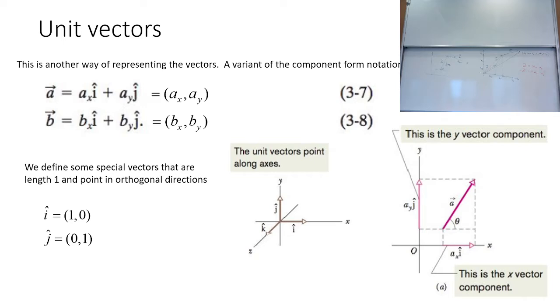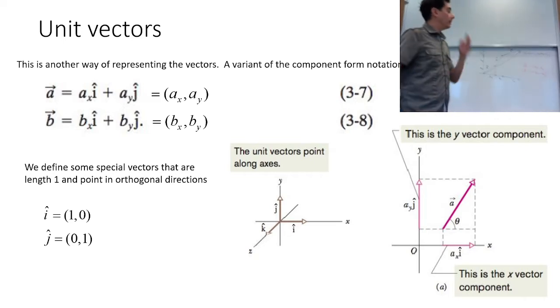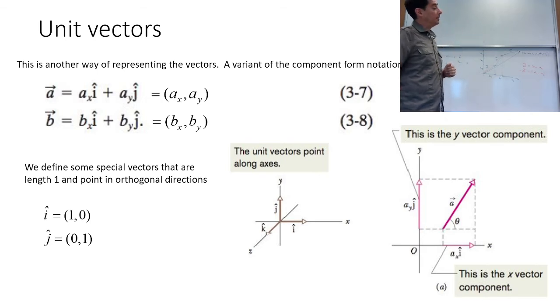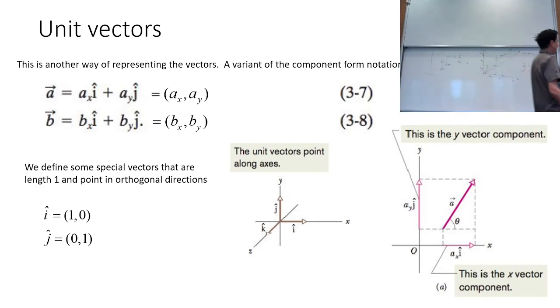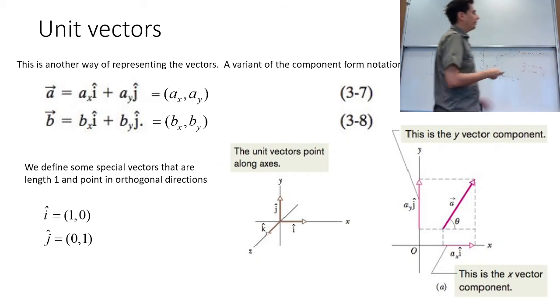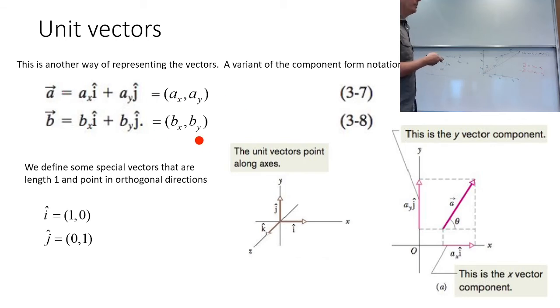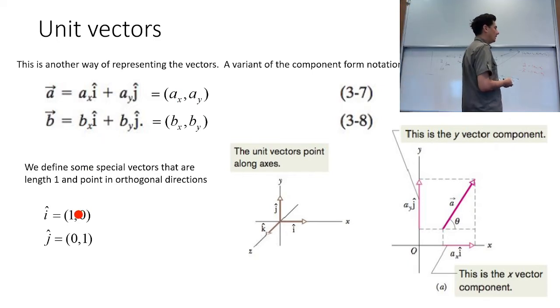Another way to write down what these vectors are is in the following form. For example, let's say that we've got this vector A, and in component form it's AX, comma AY. We set up some axes and define it like that. B, likewise. Now, let's define these things called unit vectors, which are also special vectors.